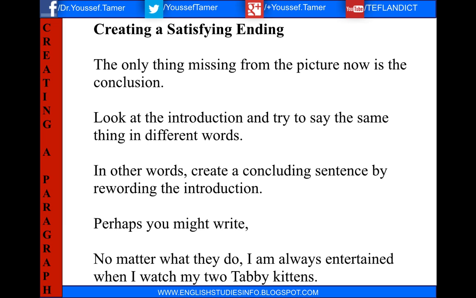This is the topic sentence. Now what I should do is paraphrase that, and you have an example there of one way of paraphrasing it. No matter what they do, I'm always entertained when I watch my 2 tabby kittens. It's the same idea, but mentioned in different words.